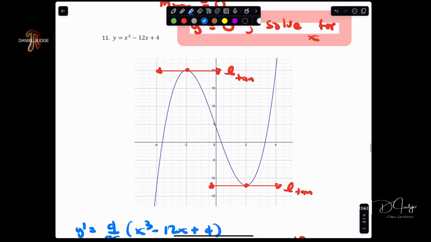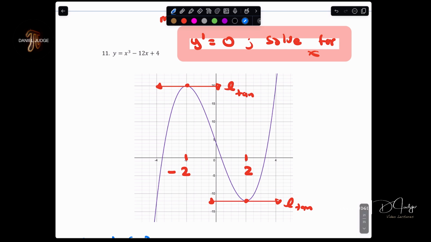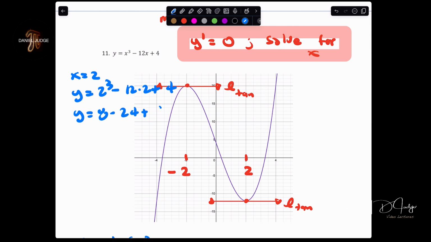Let me show you guys here, because we're going to get the y coordinates. This is when x is negative 2. And as you can see, this is when x is positive 2. So to get the y coordinates, if x is positive 2, now y will be 2 cubed minus 12 times 2 plus 4, or 8 minus 24 plus 4, negative 16 plus 4, y is negative 12.